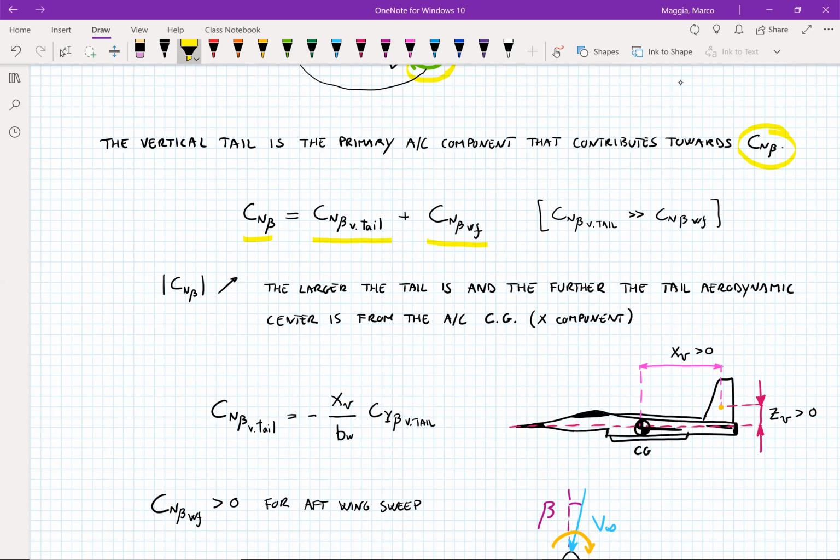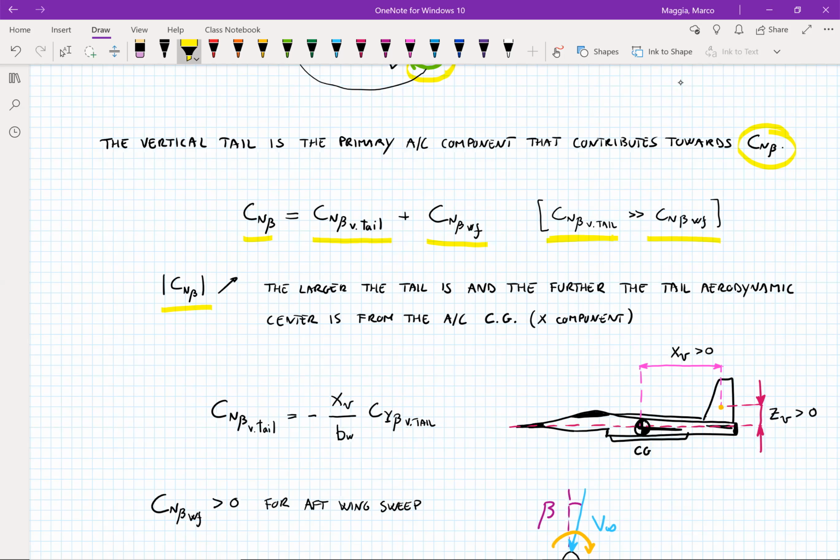Most of the time, in first approximation, since the contribution of the vertical tail is much higher than the contribution of the wings and the fuselage, we can approximate Cn beta as completely equal to Cn beta of the vertical tail. In terms of the magnitude of Cn beta, the larger the tail surface is and the further the tail aerodynamic center is from the aircraft center of gravity, the larger the derivative Cn beta is.